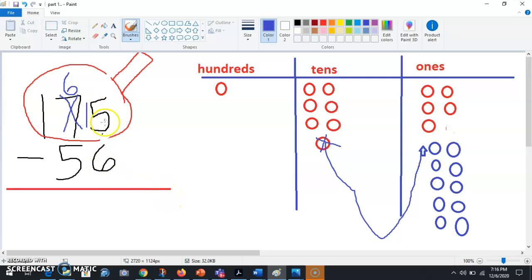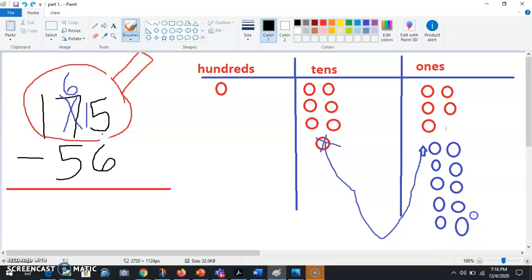Okay? Now we have 15 minus 6. Ooh, now I can subtract, right? So I'm gonna cross out 6 from the 15. Let me change color real quick. Let me get black.